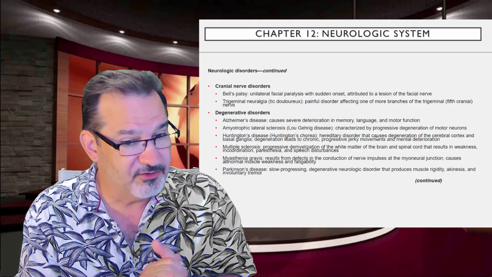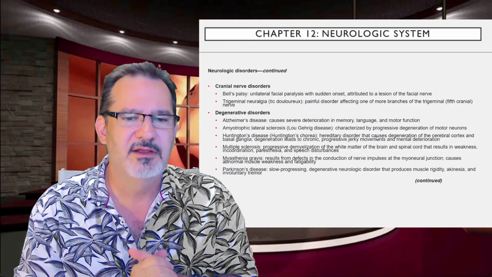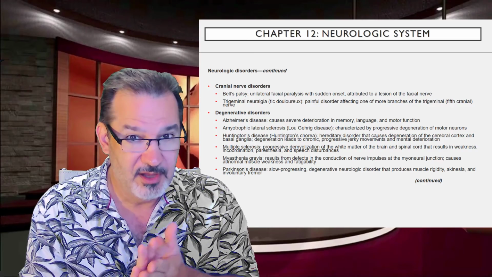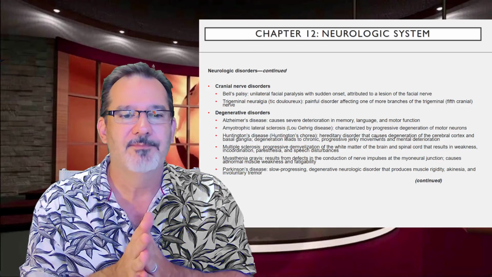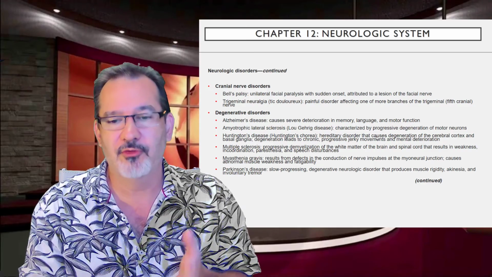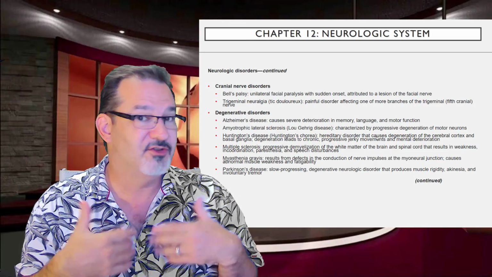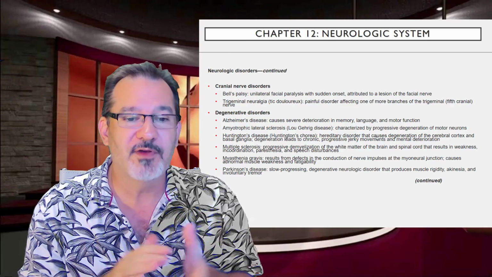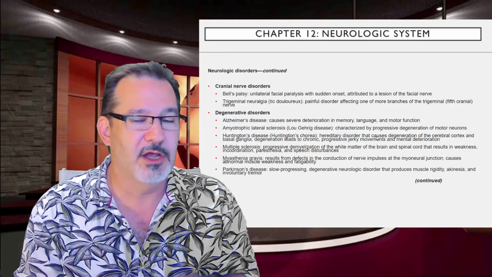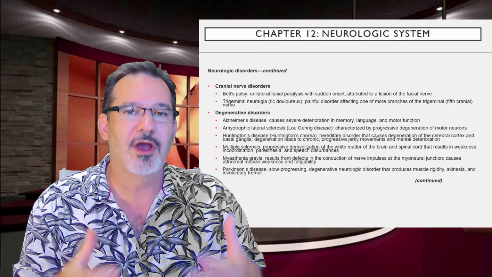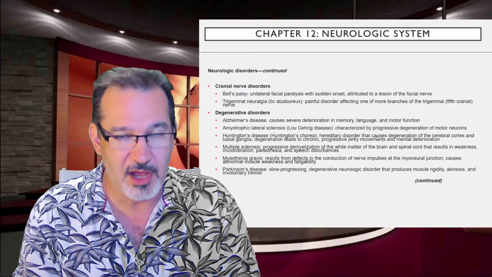Huntington's disease, fairly common to see, is a hereditary disorder that causes degeneration of the cerebral cortex and the basal ganglia, which leads to chronic progressive jerky movements and some mental deterioration. Amyotrophic lateral sclerosis, commonly known as Lou Gehrig's disease, is a progressive degeneration of motor neurons.